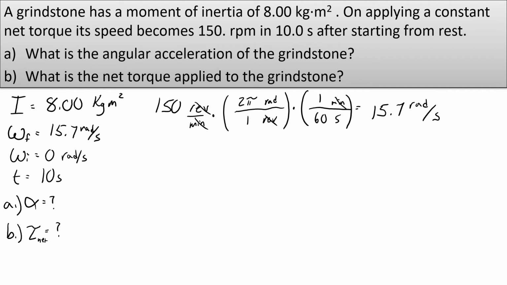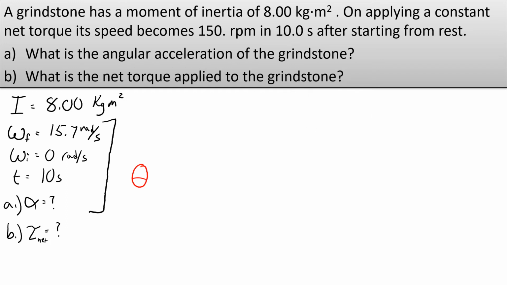Let's think of a kinematic equation that we can use when we have the final angular velocity, the initial angular velocity, the time, and the angular acceleration. We don't want the angular displacement. So lucky for us, that's my favorite formula because it seems to be the least complicated to me.